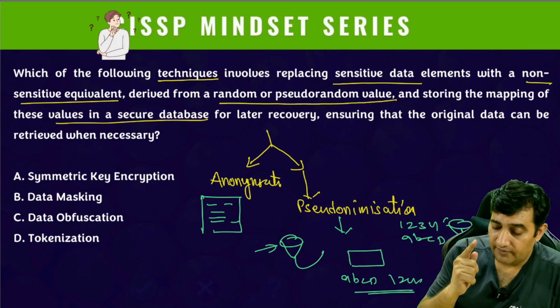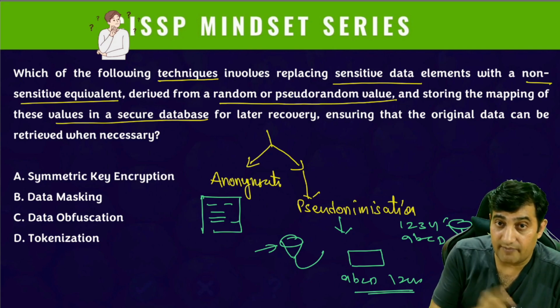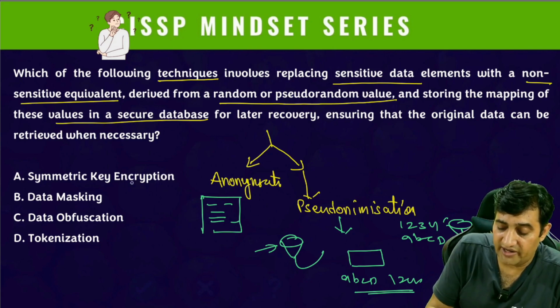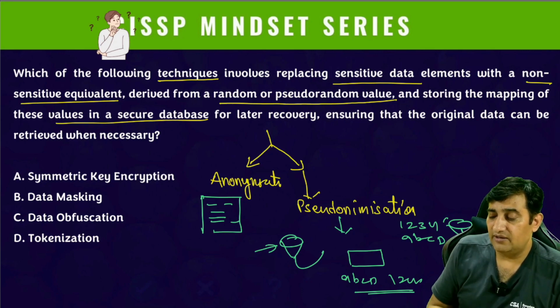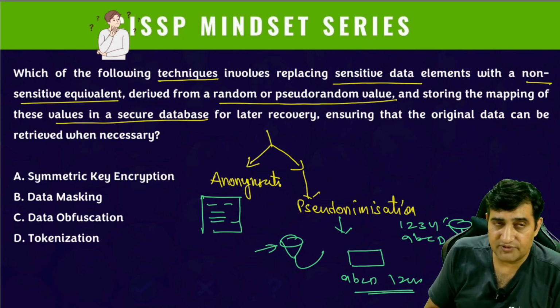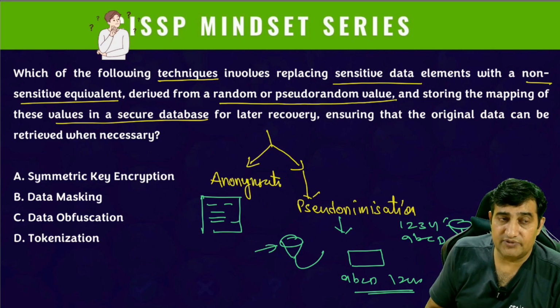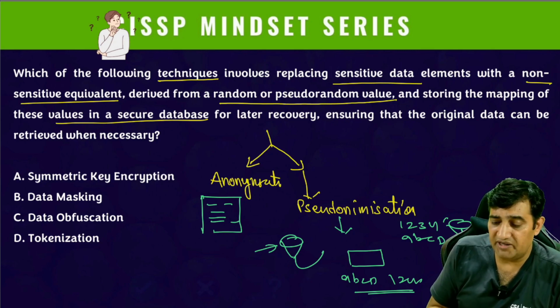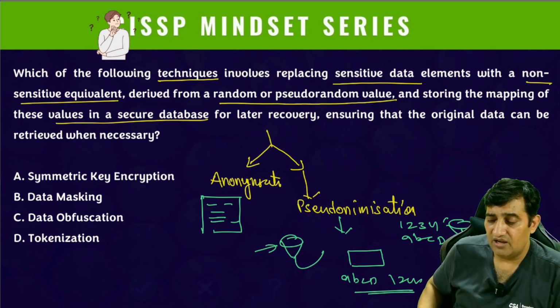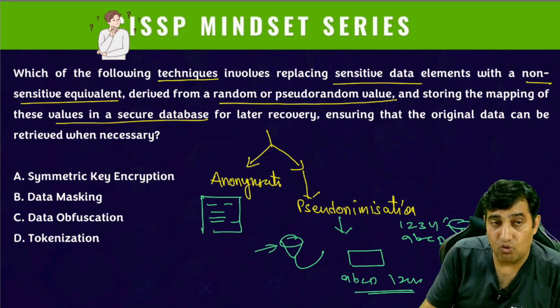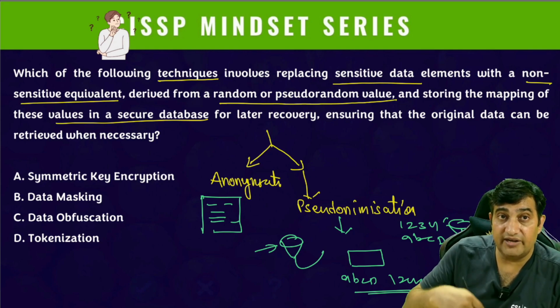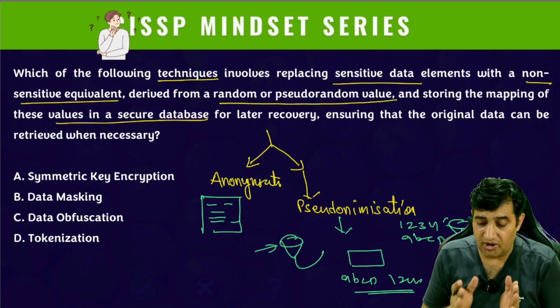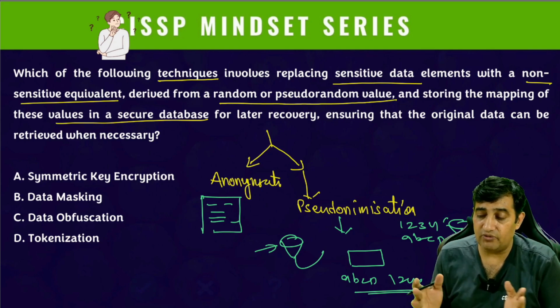Now, because in this particular case you need the data back as well, the first option says symmetric key encryption. So symmetric key encryption maybe can encrypt everything, but I think the question is more hinting about privacy related information, some part of the sensitive information which you need to remove.